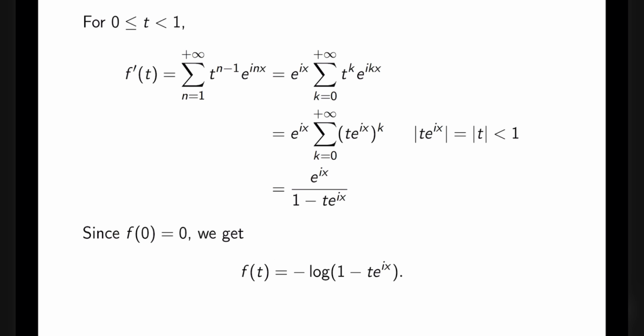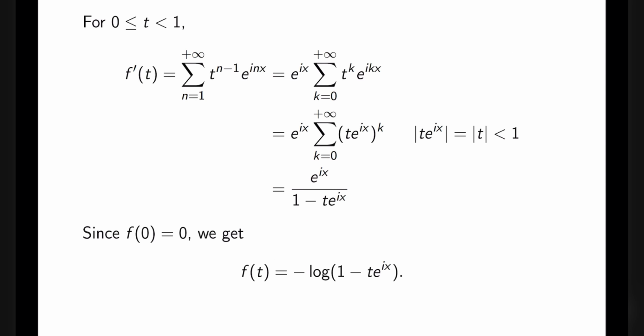And since f of 0 is equal to 0, we can just integrate this function f prime, and we get minus log of 1 minus t exponential ix, where log is the complex logarithm. And in this case, it's well defined. There is no problem. We can define it on a certain domain, but here there is no problem.